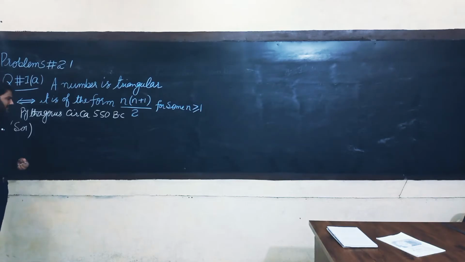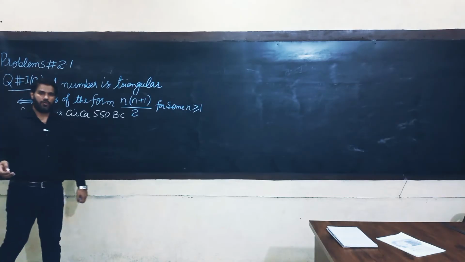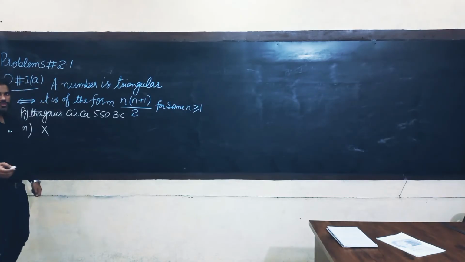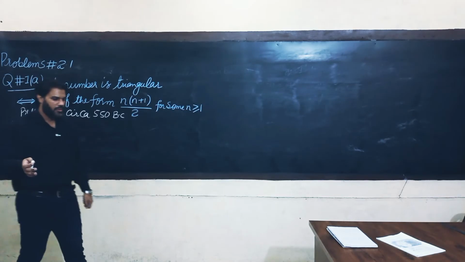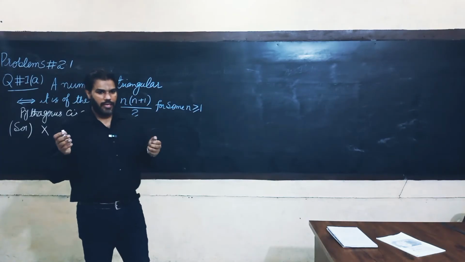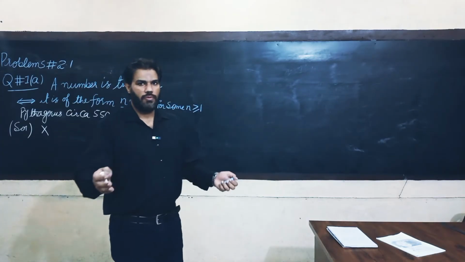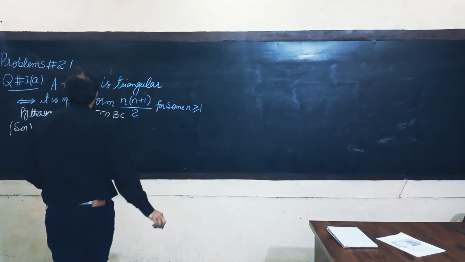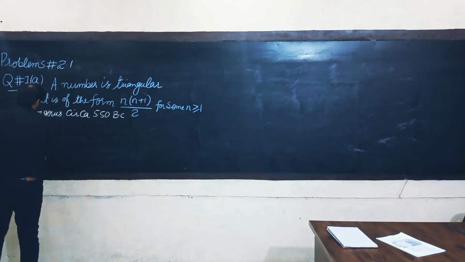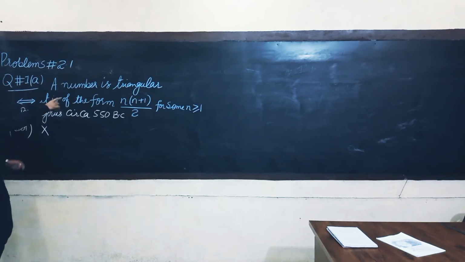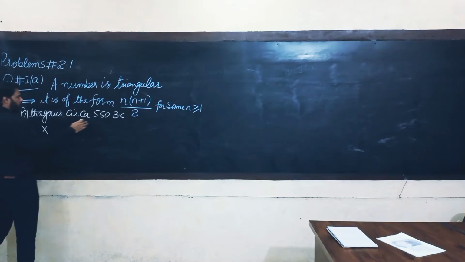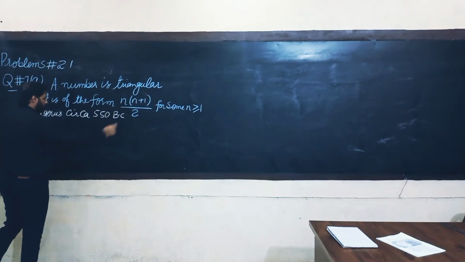We suppose x is any number formed by n dots. Then by definition of triangular number, x is equal to the sum of the first n natural numbers. So you will write, let x be a triangular number, and we will show that it is of this form.